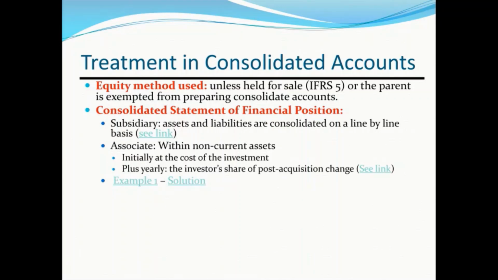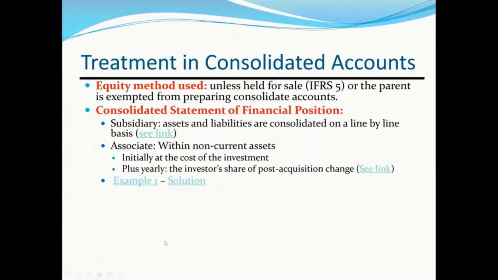Now we'll start applying the equity method in the preparation of the consolidated statement of financial position. Starting with the subsidiary, we already know about it from the previous weeks. The rule for the subsidiary is that all assets and liabilities are consolidated on a line-by-line basis, which is called full consolidation. Moving now to the associate, according to the equity method, it will be classified under non-current assets.